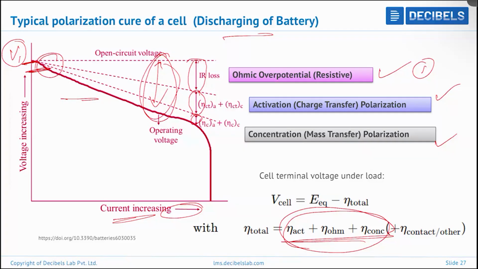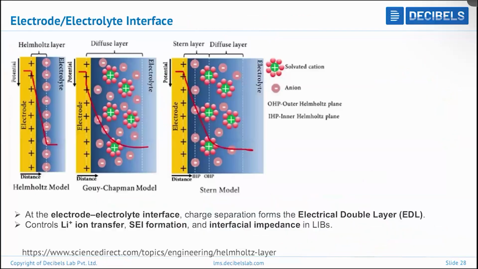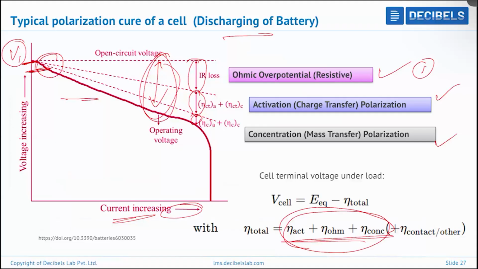That is Ah. If Ah drops, the energy density also drops, because energy density is the product of Ah and voltage. So it's mainly because of this charge transfer and the concentration polarization. The charge transfer is the phenomenon which takes place between the electrode surface and the electrolyte, and the mass transfer is in the medium, that is the electrolyte.